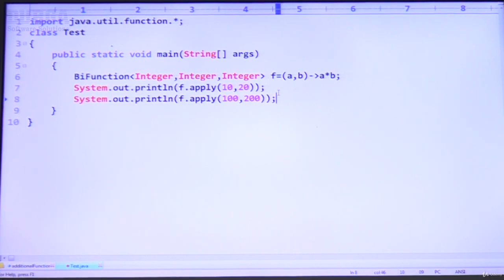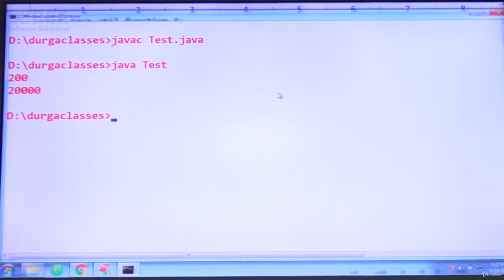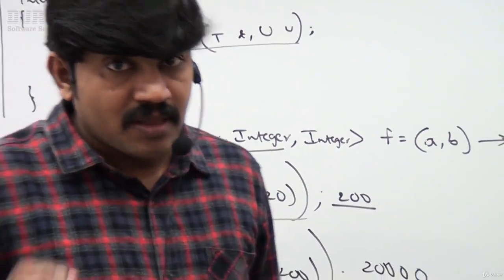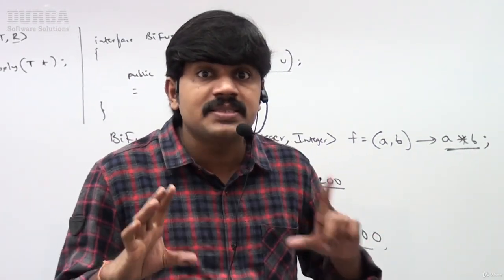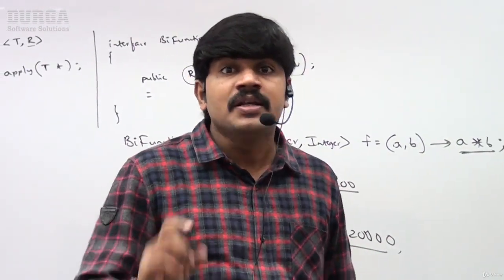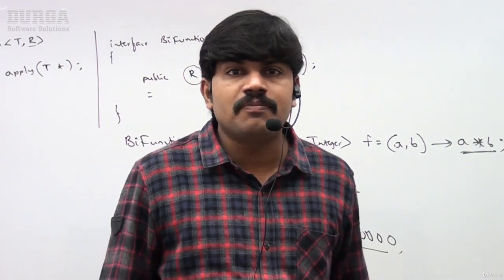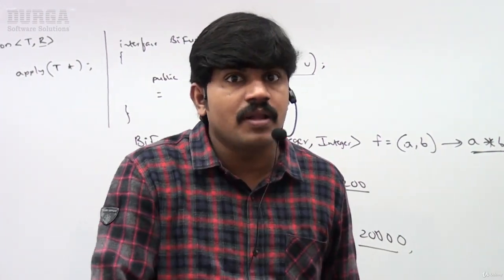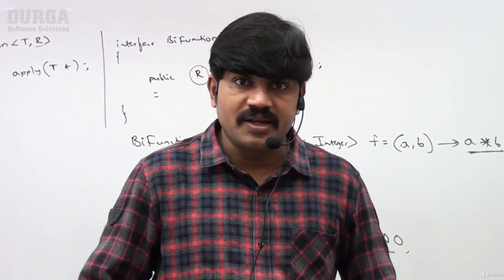Now what is the output you are going to get? 200 and 20,000. Any explanation required? I hope you people are getting a basic idea about BiFunction. I will discuss another one or two more meaningful examples so that you will get much clarity. Okay, that's all.